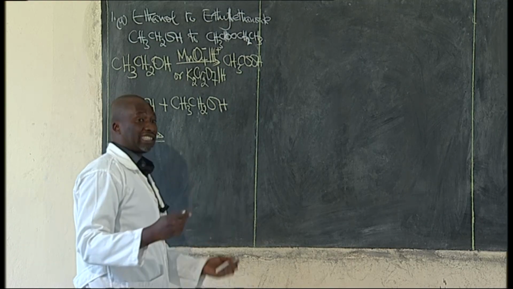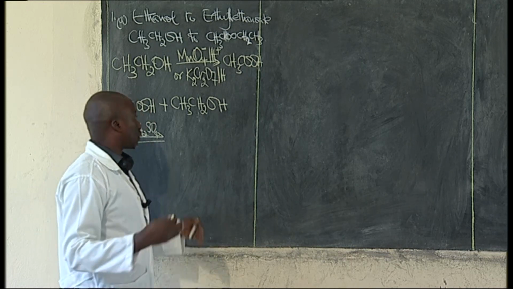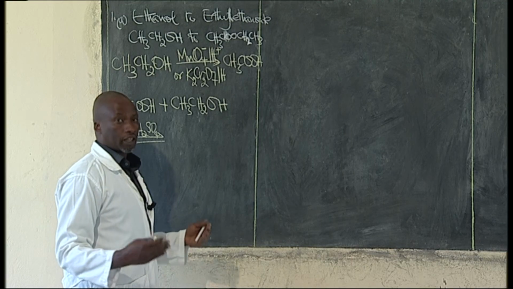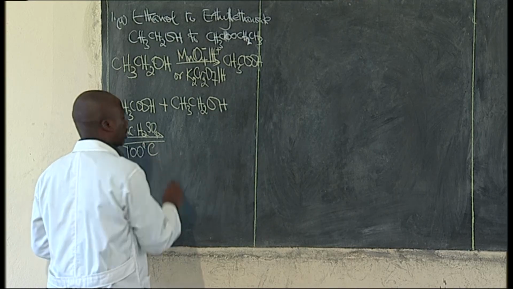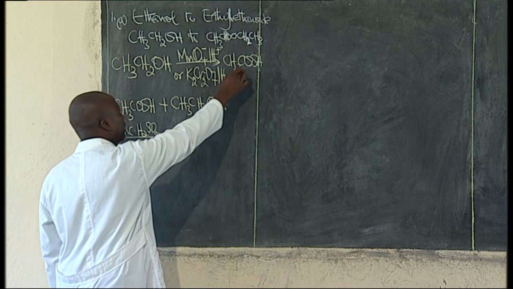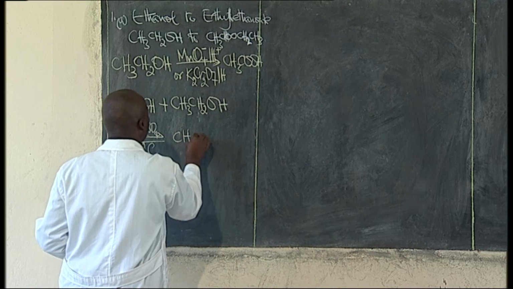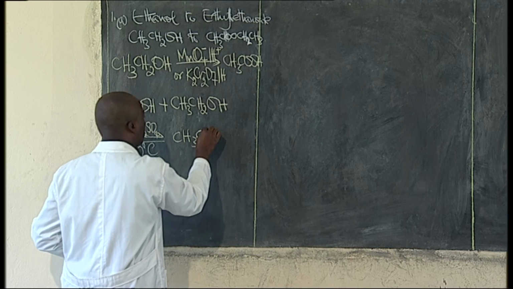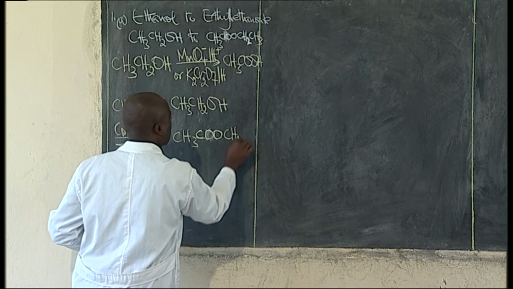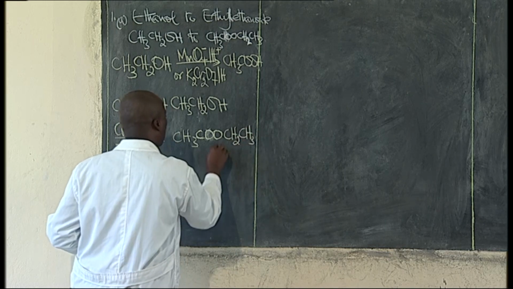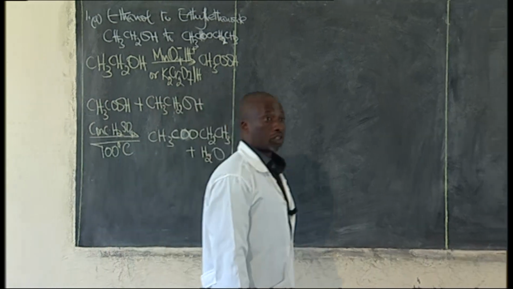We need to indicate the reagents and conditions for every step, that is at 100 degrees Celsius. So a carboxylic acid and an alcohol give us the organic product that is formed. So this is part A, which is complete.